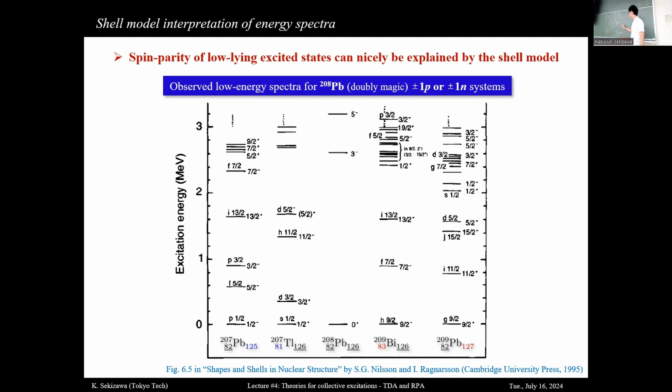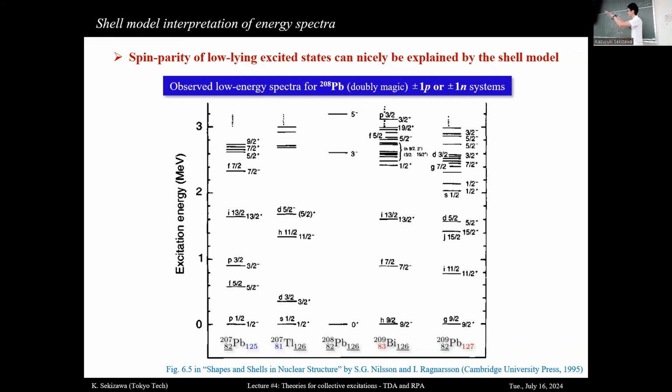So it has negative parity and 11/2 spin. And you can actually see here 11/2 minus in the excitation spectra of thallium-207.